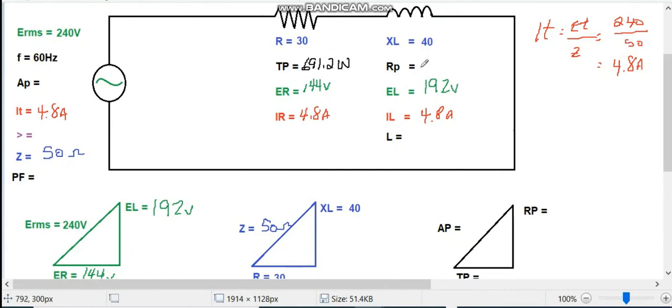And then we can look at our reactive power, and our reactive power would be our voltage across the inductor times my amperage through the inductor. So I've got 192 times 4.8 gives me 921.6. And this is reactive power, so it's volt amps reactive, or VARs, 921.6 VARs.